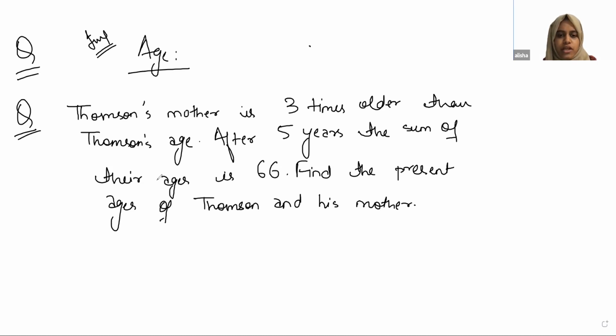Now what is the question saying next? After 5 years, the sum of their ages is 66. If Thompson is 5 years old today, what would be his age after 5 years? What is your age, Soban? 13. You are 13.